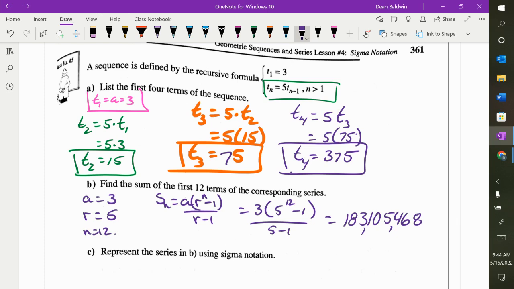Yes. So we got that number, 183,105,468. All right.